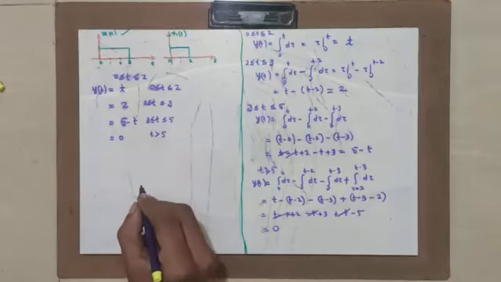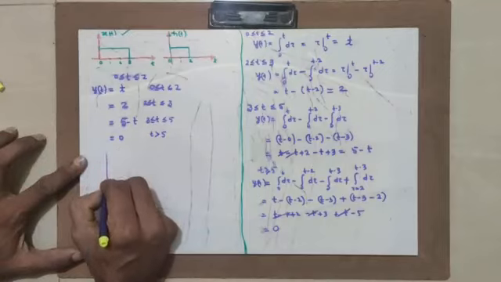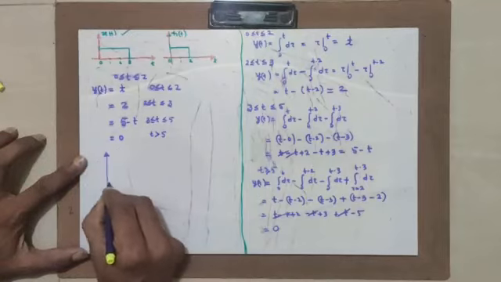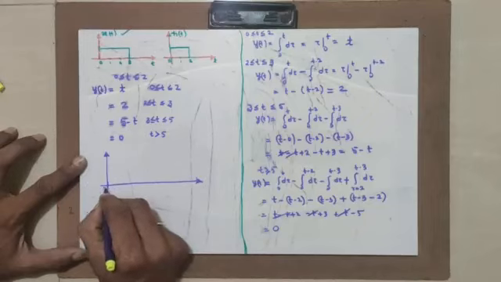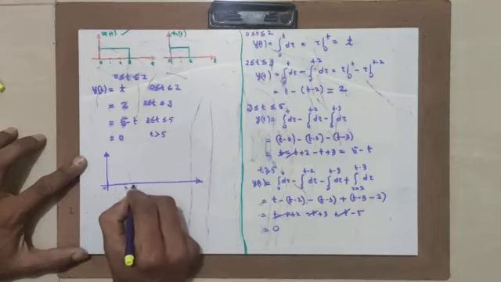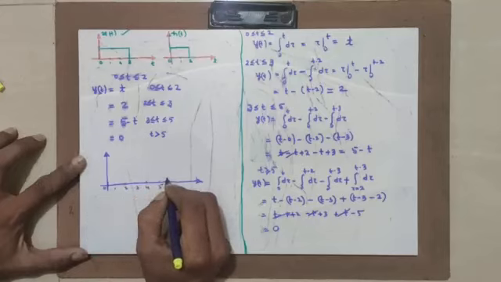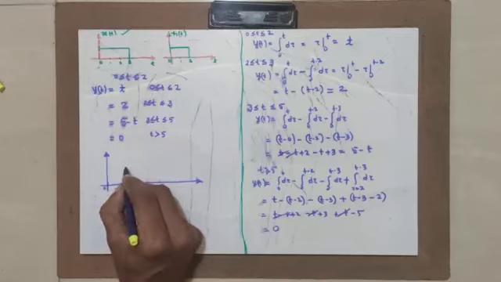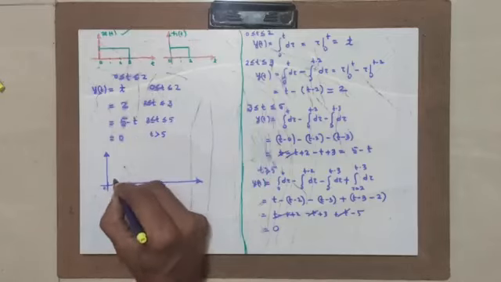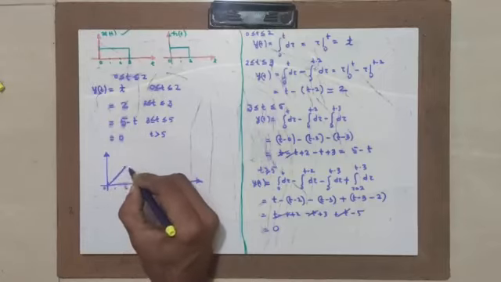Now if I draw this graph, it looks like this. 0, 1, 2, 3, 4, 5. From 0 to 2, it is a ramp, t.